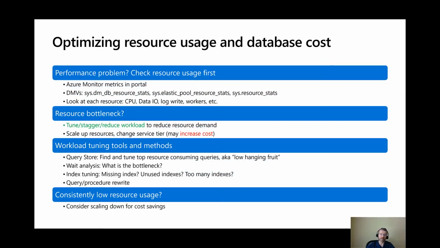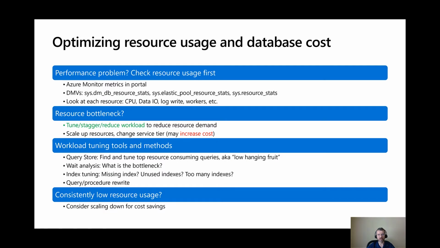So how can you optimize your resource usage, and not just usage but cost? And cost is very important here, because unlike on premises, where you basically have some hardware, physical or virtual, and it's already paid for, in Azure, in the cloud, you pay by the hour. So it's very important to optimize resource usage so you don't have to pay for more than you need. So let's say you have a performance problem.